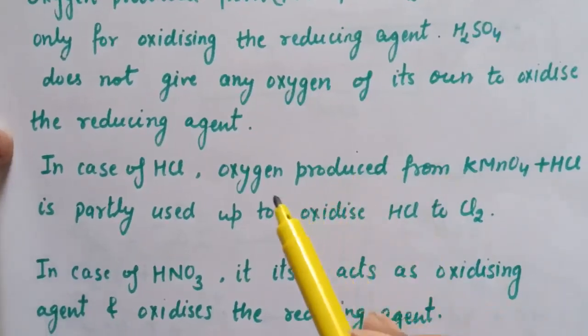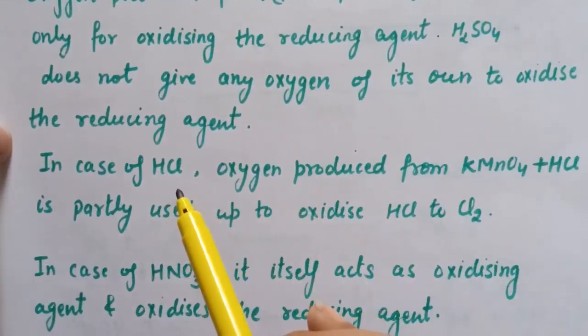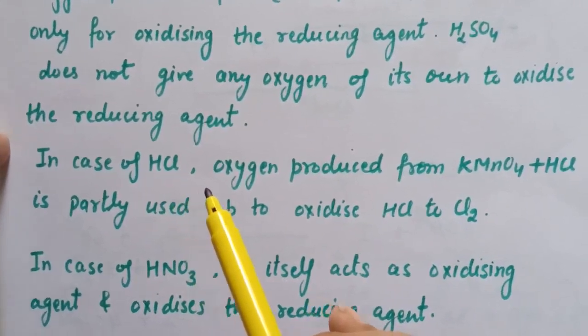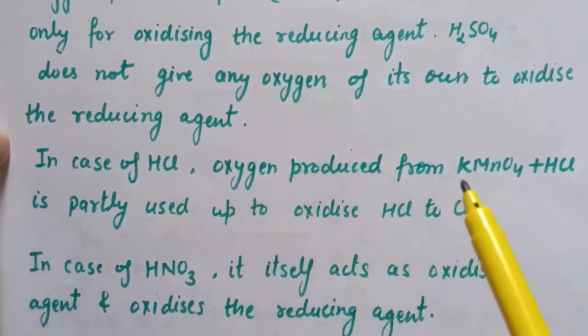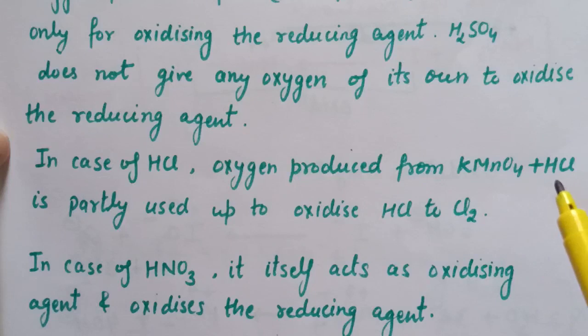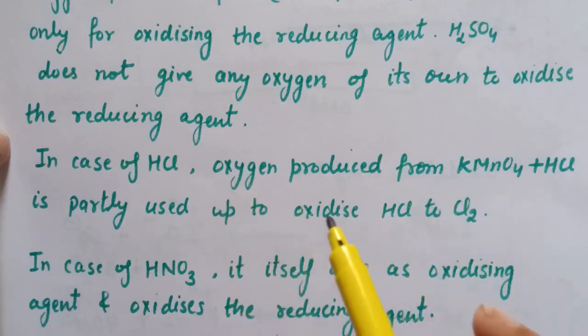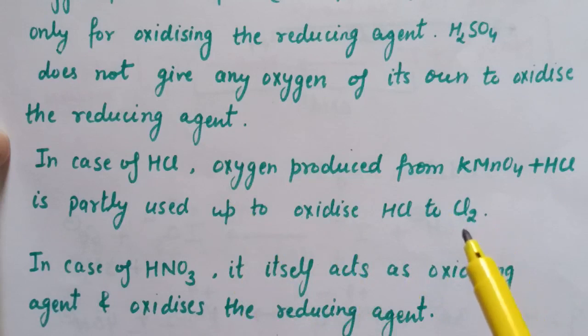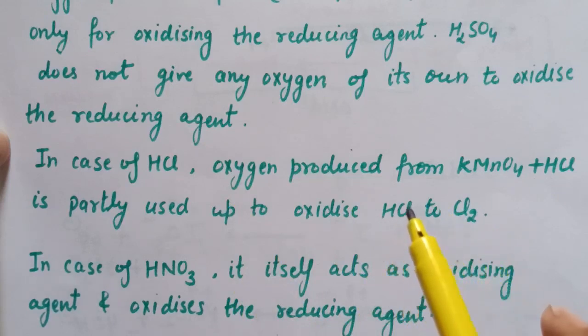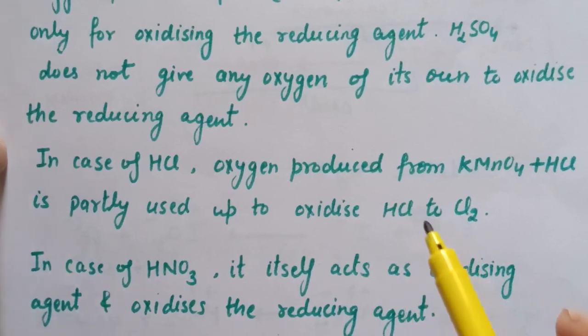Now if we use HCl in place of dilute H2SO4, what will happen? The oxygen produced from potassium permanganate and HCl is used to oxidize HCl to Cl2, and therefore we cannot use HCl in the titration involving KMnO4.